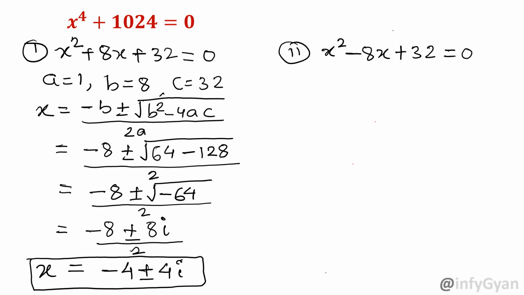Now come to the second quadratic equation. Apply again the quadratic formula. A is equal to 1, B is equal to negative 8, C is equal to 32.